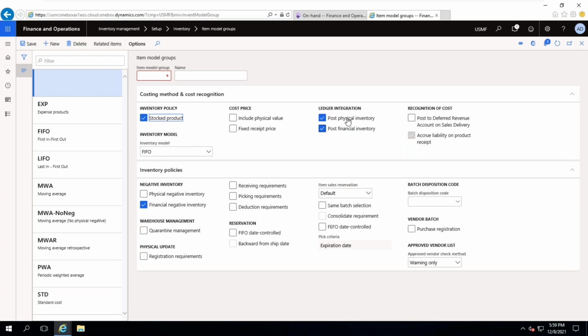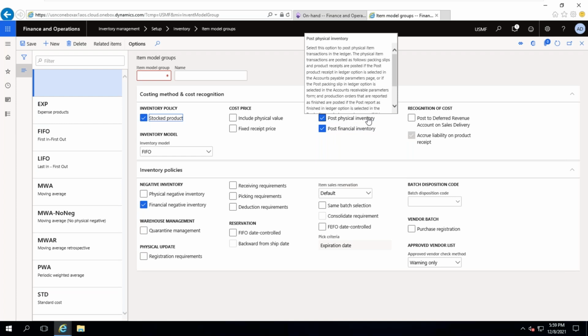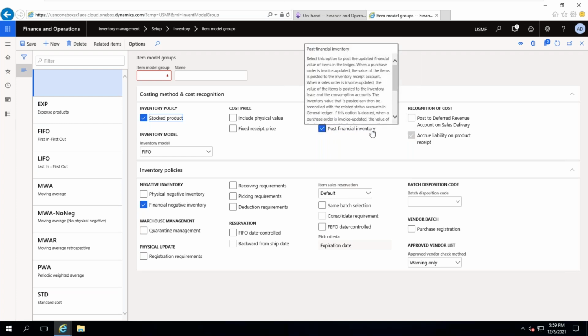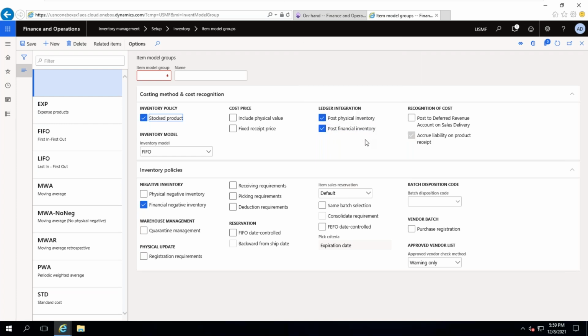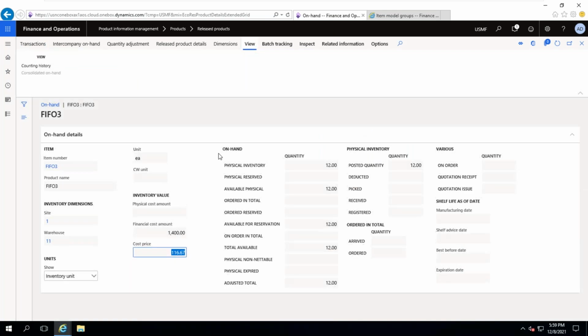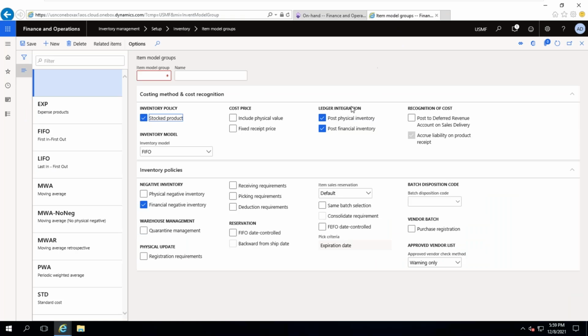Next, these two checkboxes. This is part of finance. So post physical inventory, post financial inventory means this one. At the time of invoice, the financial posting should be done.